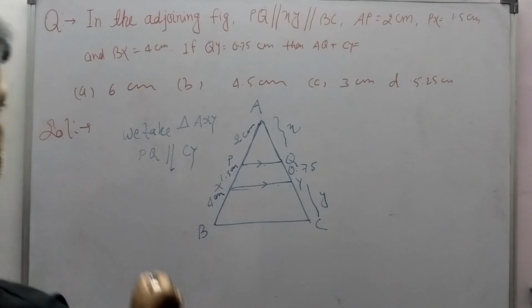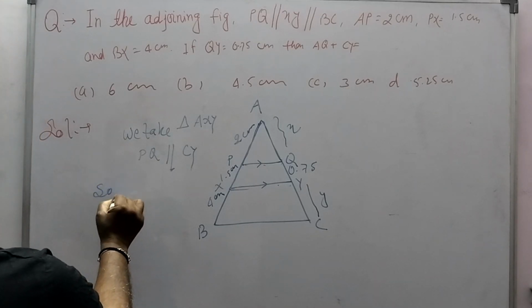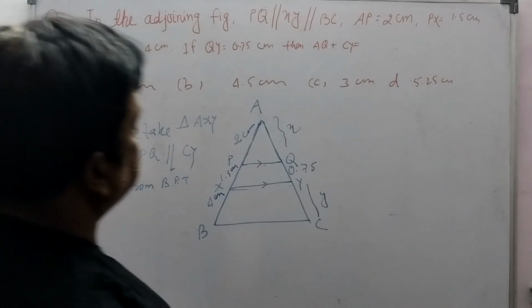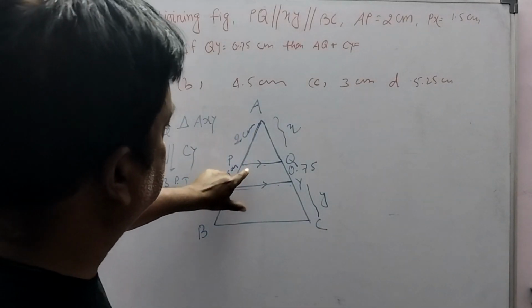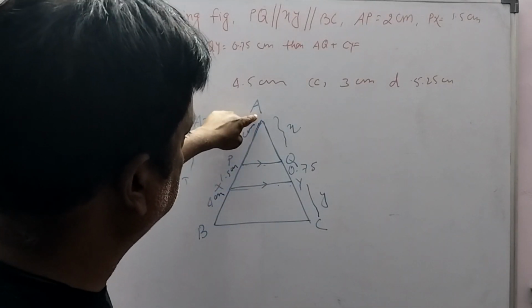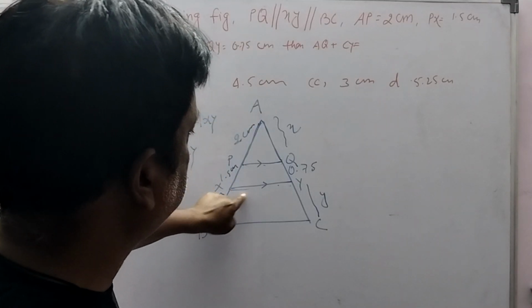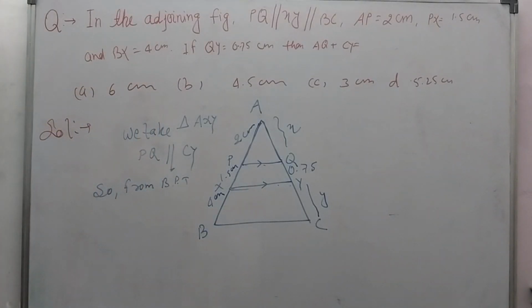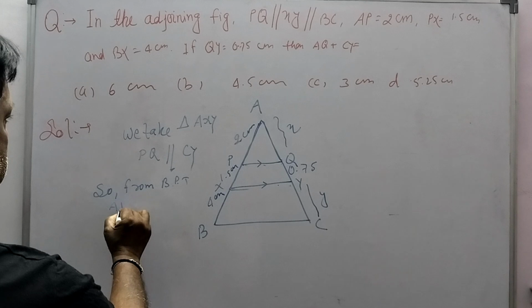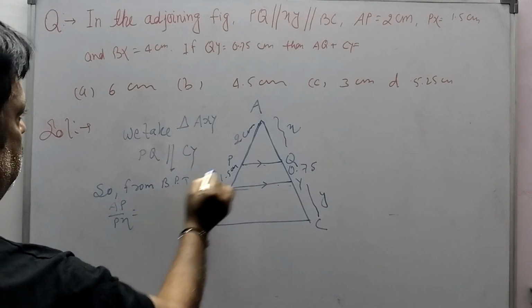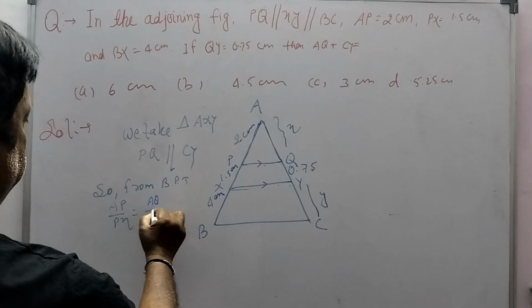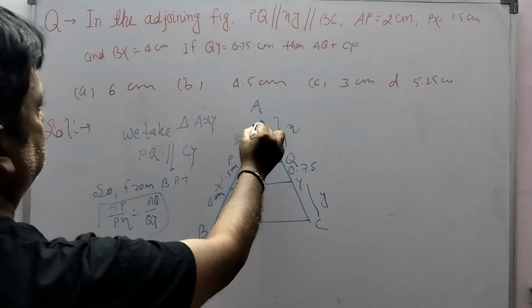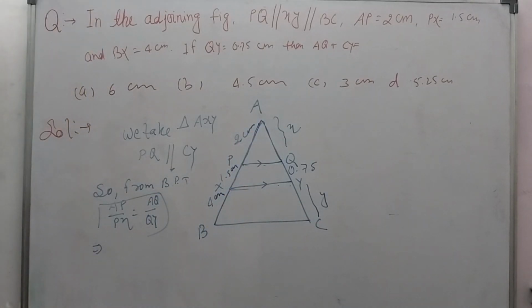So from BPT, basic proportionality theorem, this will be true for triangle AXY, and PQ is parallel to this base. So AP by PX equals AQ by QY.